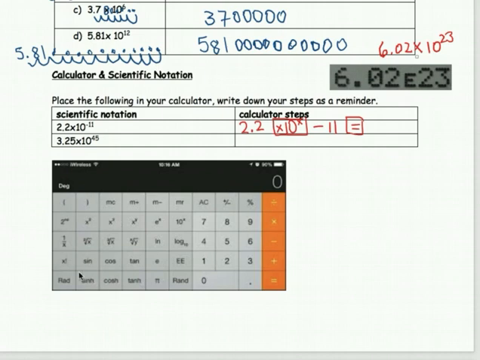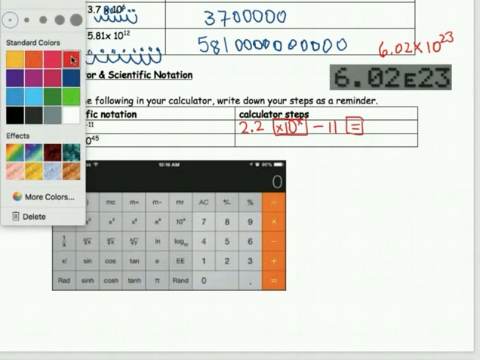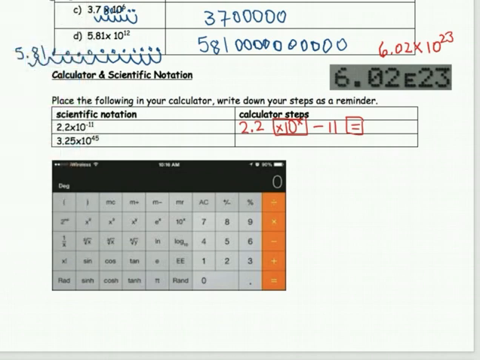Without it, you would just see this area here, but when you rotate it, you'll see all of this. If you're using your iPhone to enter scientific values, the iPhone has the button where it says EE. So just take a look for that. Okay, if you look here, that's the button that you need.